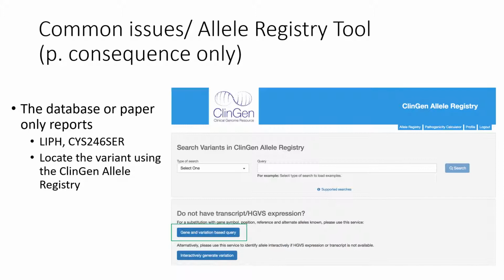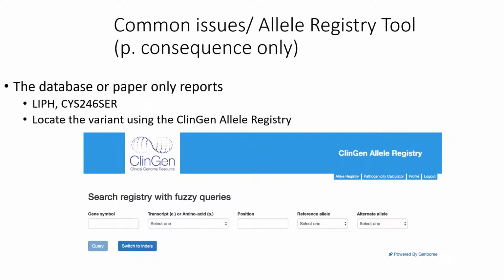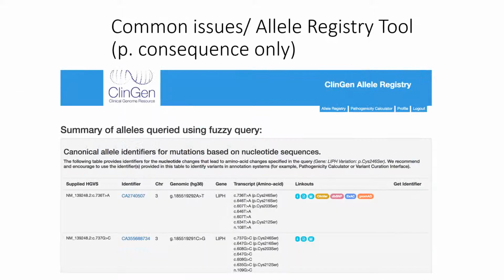So if we click this gene and variation-based query and we enter our gene, enter that we're looking at a p dot, enter position 246, enter the reference allele as cysteine, alternate allele as serine, and we query.